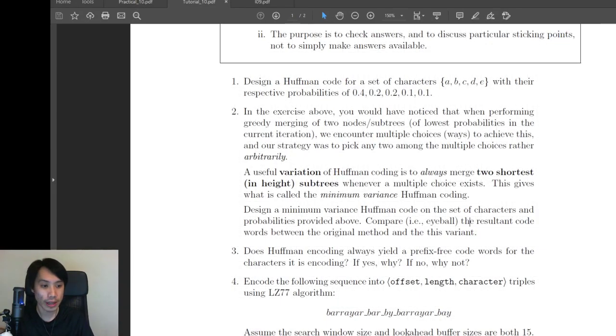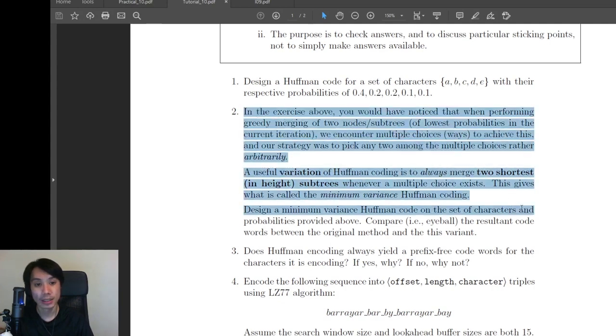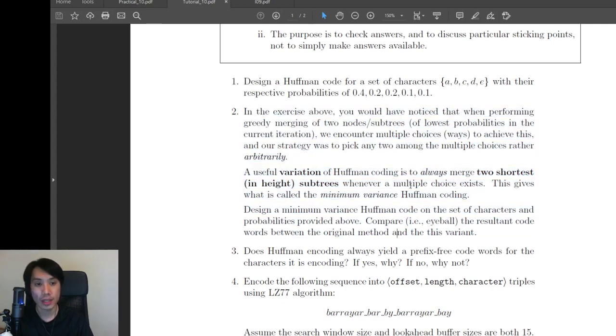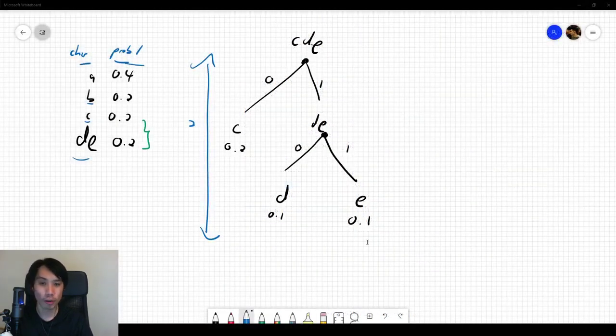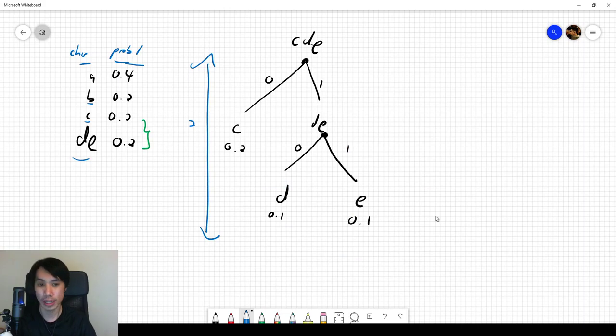So if I go back to your tutorial, this is what it meant by your second question: always merge the two of the shortest height. But your problem here is how do you calculate the height?